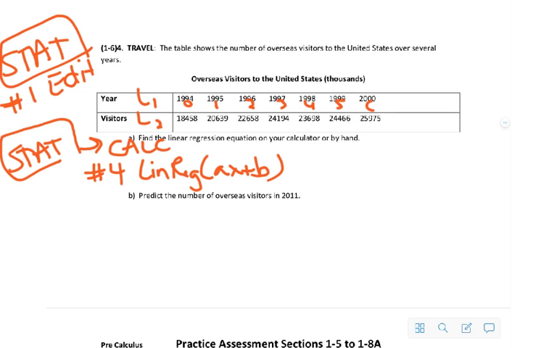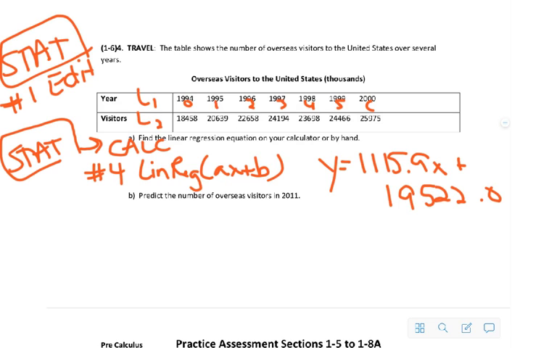And then if you have a new operating system on your calculator, you'll probably have to hit enter a couple of times to get the equation. Otherwise, you should just press enter and round the decimals off, and you should get y is equal to 1,115.9x plus 19,522.0 approximately.